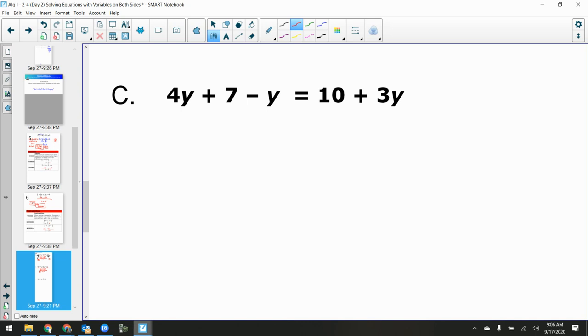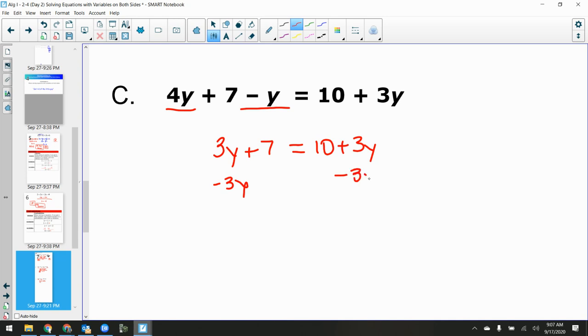Okay, we've done one of each. Gotta figure out that one. Okay, it looks like my variable's gonna cancel out again.